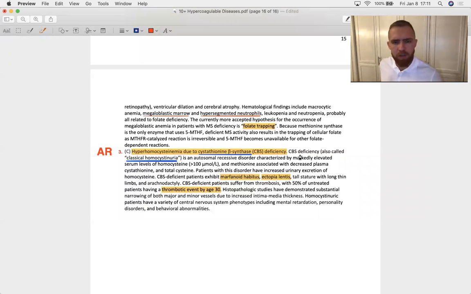So pulmonary embolism, stroke, potentially coronary artery, myocardial infarction. Does tend to be young in life because homocysteine is an endothelial toxin and all endothelial damage predisposes you to formation of a thrombus.